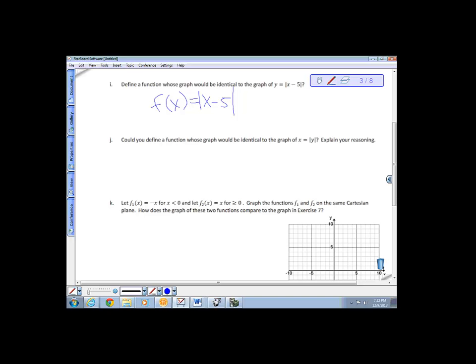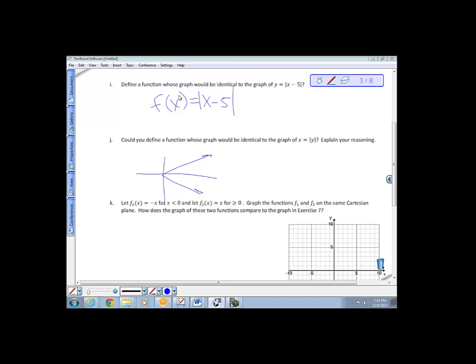The problem is, if we're defining it as a function, it means it has to have one y value for each x value, and as we saw when we graphed this, every x value does not have only one y value, so we can't define it as a function.